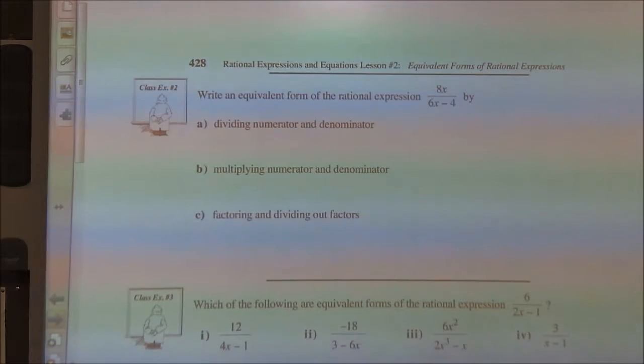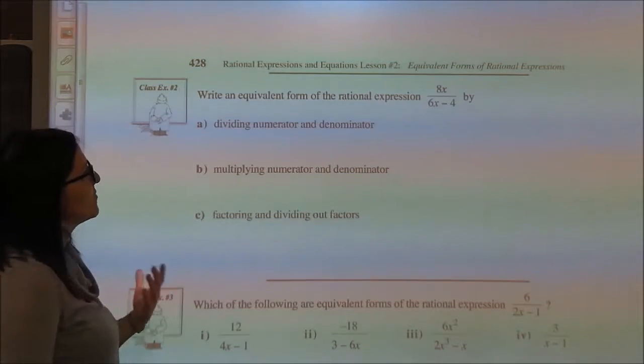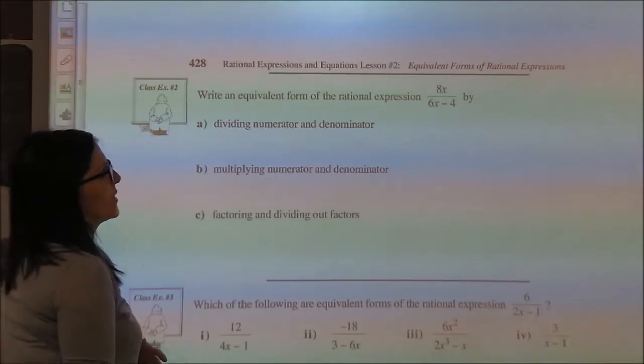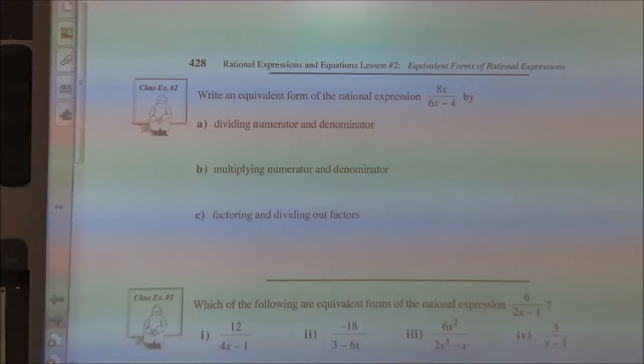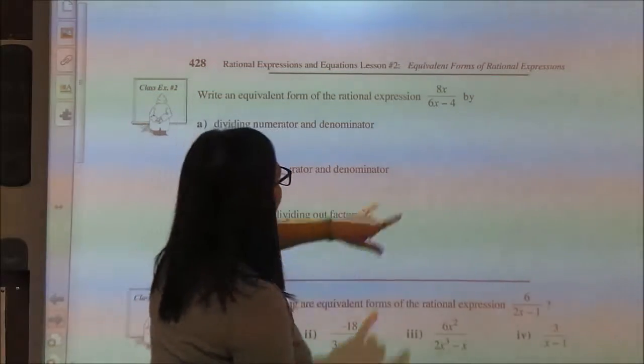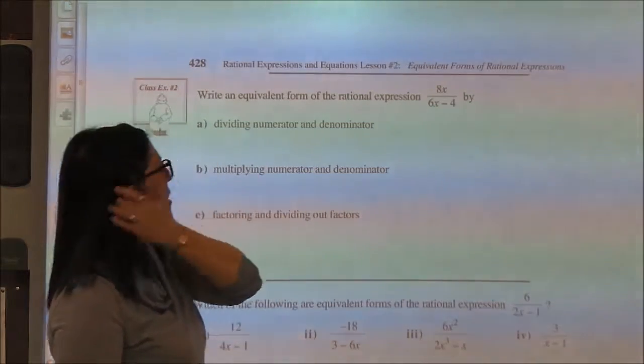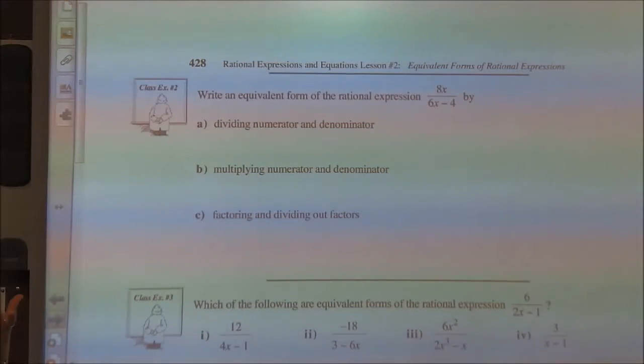So if we look at the next part, it says write an equivalent form of the rational expression by dividing both the numerator and the denominator, and by multiplying. So dividing the numerator and the denominator, if I look at 8x, what can I divide 8 by? Well, I can divide it by 2, I can divide it by 4. When I look at the bottom, I would suggest possibly factoring the bottom.